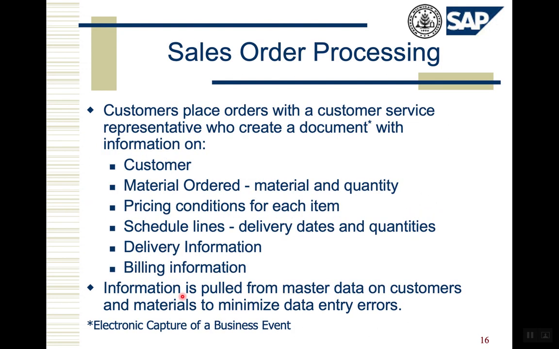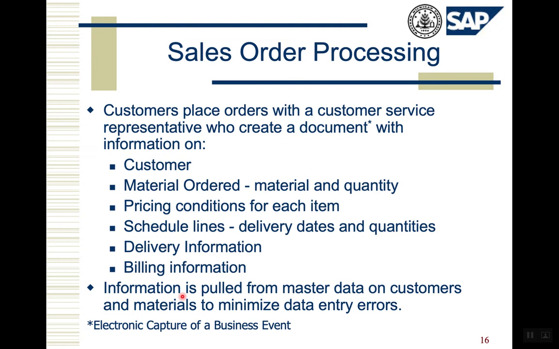Sales order processing: customers will place orders with some sort of representative who will create the document with information regarding the customer, the materials ordered, the pricing conditions, and the schedule lines, which deal with the shipping. What is going to be shipped? When is it going to be shipped?